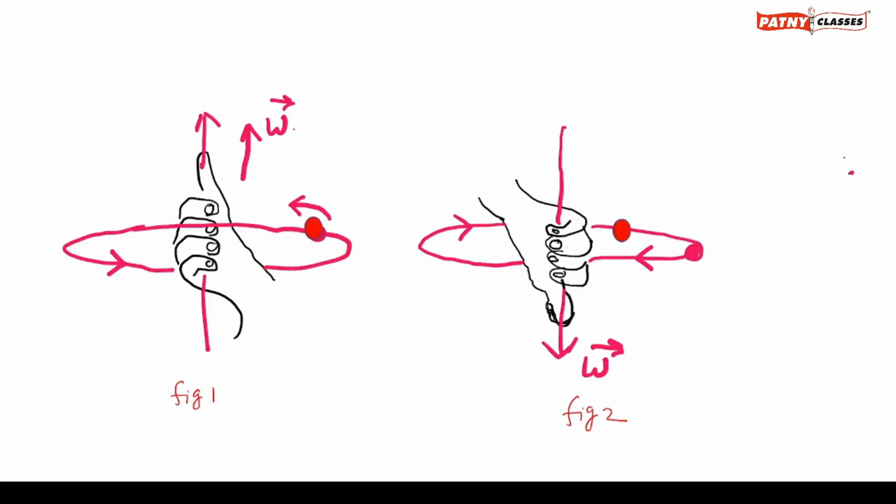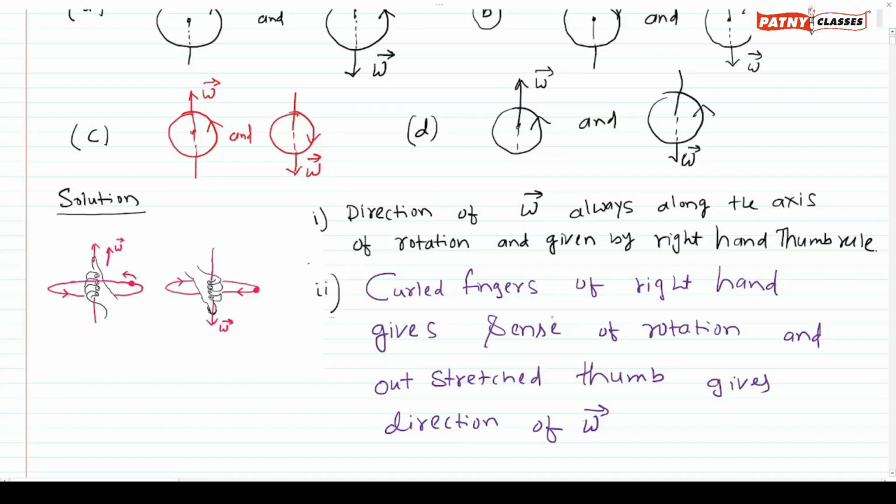In the second figure, the body is moving along the direction of the curled fingers and the direction of angular velocity is downward. Therefore, the curled fingers of the right hand give the sense of rotation and the outstretched thumb gives the direction of angular velocity. Therefore, option C is correct.